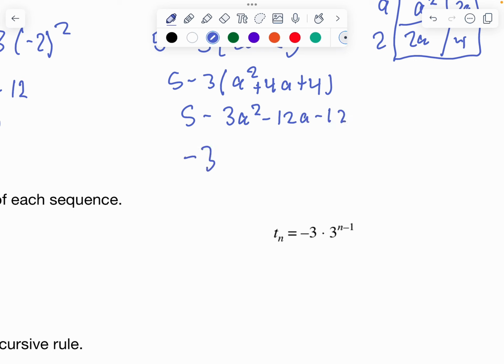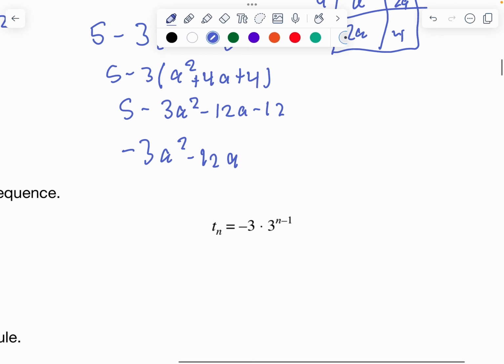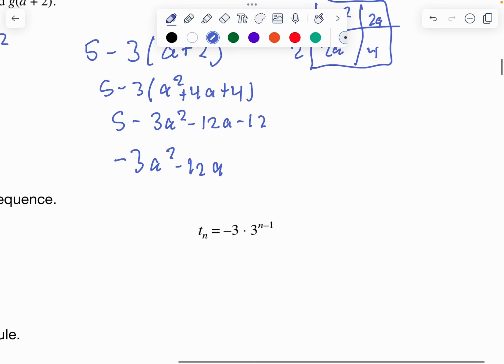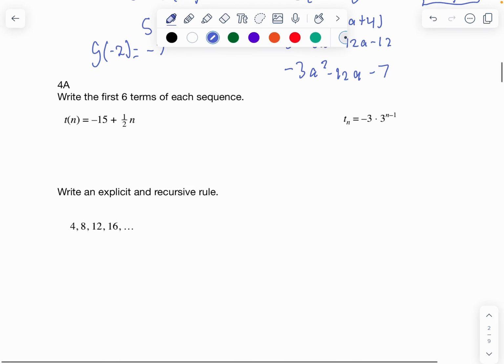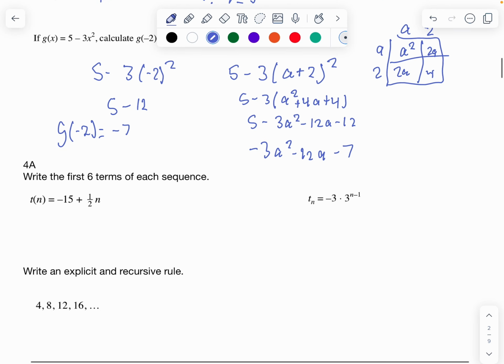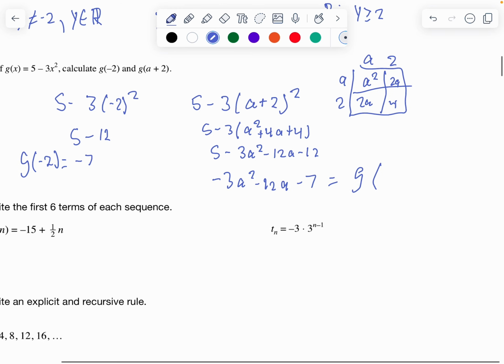Simplify that one more time: -3a squared minus 12a minus 7. Sorry. Equals G of a plus 2.